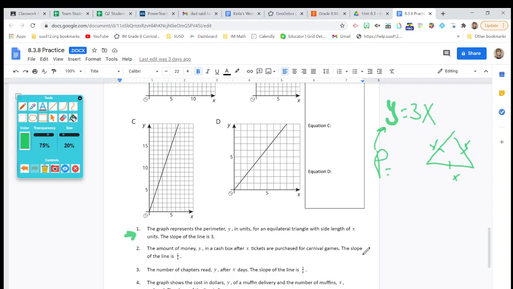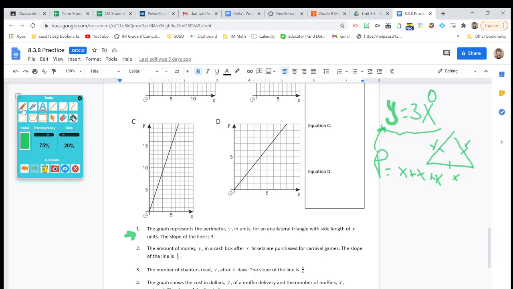And the perimeter is going to be x plus x plus x. So that's 3 x's. This equation makes sense. Now let's find the graph that matches that. It should have a slope of 3 and a y-intercept of 0. Because when x equals 0, then we have no triangle length, therefore no perimeter.